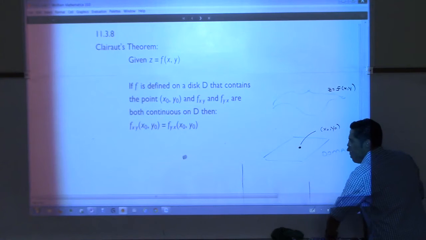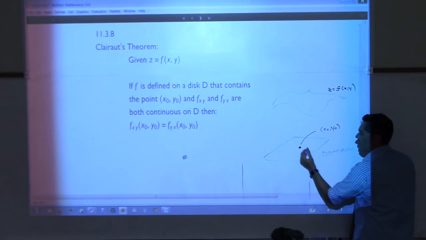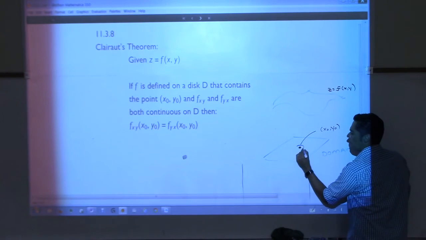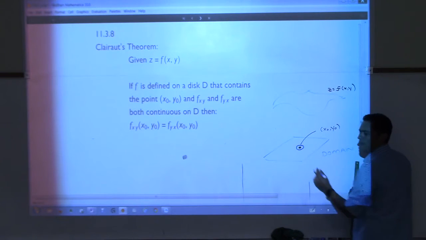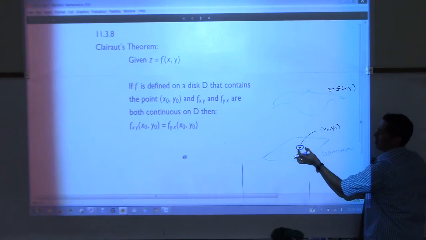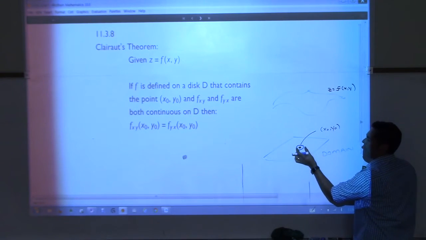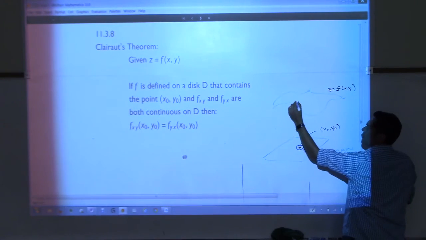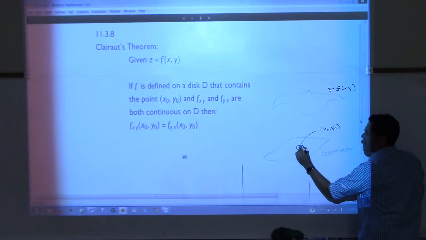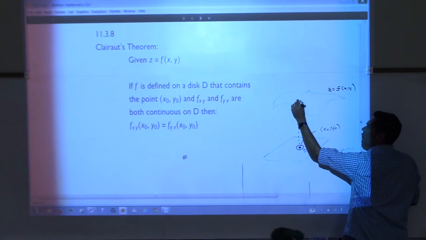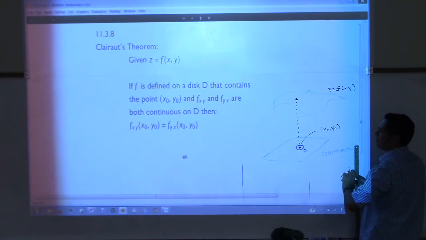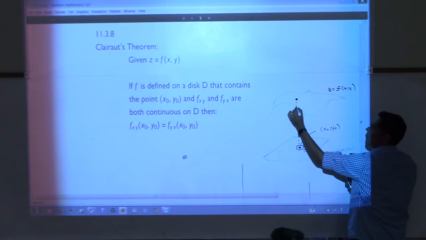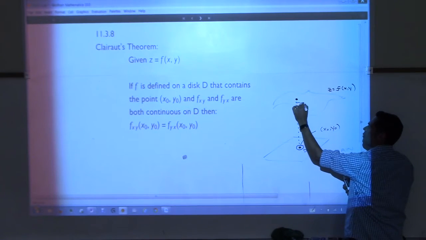And imagine that we create a little disk around this, like a little circle, right? This is our disk, D. And we map that whole thing up here. The point's going to go to a point, but then that circle is going to go to something up here. It may look like a circle, it may look like something else, right?